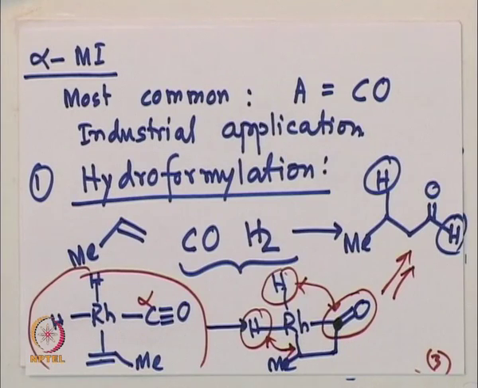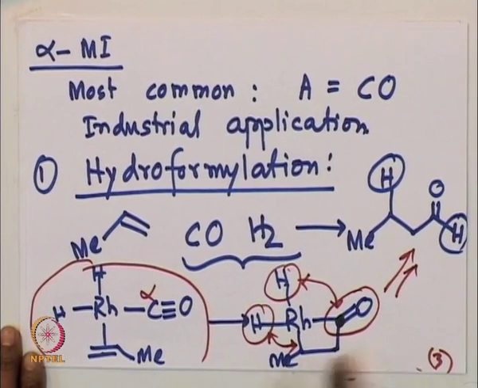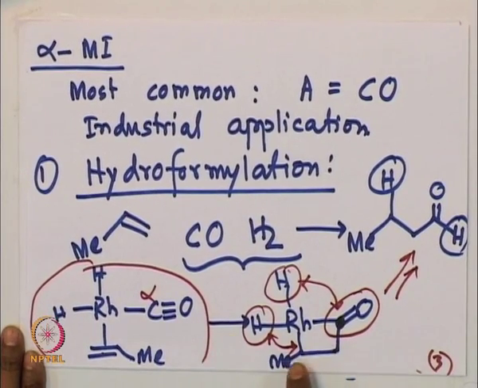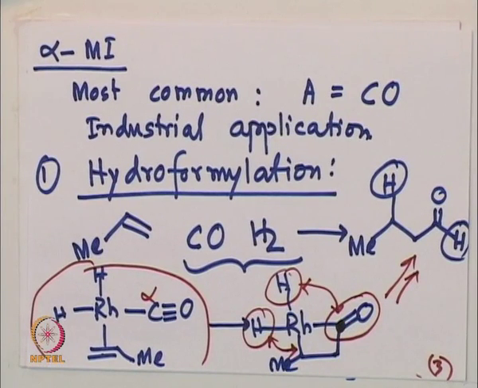Of course, this is a very rudimentary way of showing this mechanism, but the most important step is here, you see the alpha migratory insertion at the carbon center. So, at this carbon center migratory insertion is happening, and as you all know, this is a very, very facile process, and this is utilized by industry worldwide to produce aldehyde from very simple starting materials such as olefin, propene in this case, or other olefin.